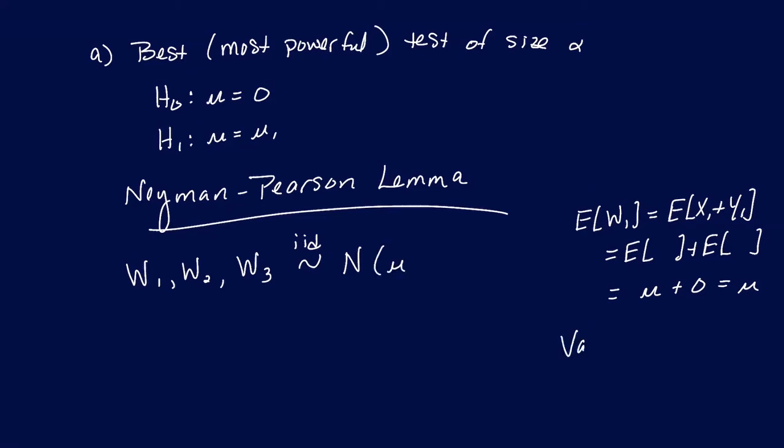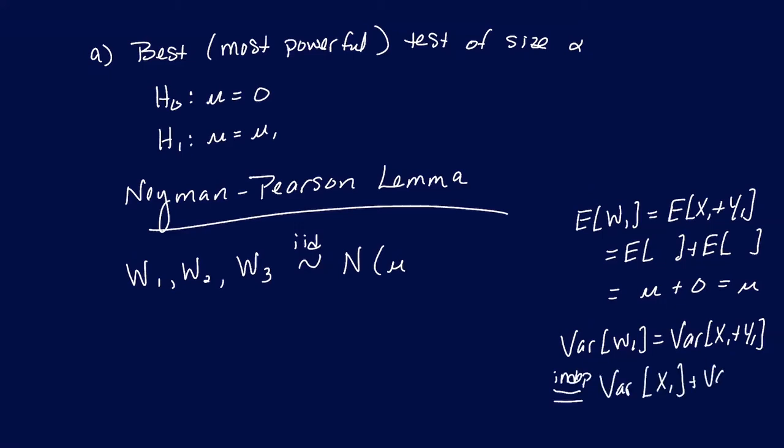And then the variance for W1, this is the variance for x1 plus y1. And in general, variances do not distribute across sums, but they do if the random variables are independent. So this is the variance of x1 plus the variance of y1. And both of these distributions had variance 1. So we get that W1, W2, W3, they all have a variance of 2.